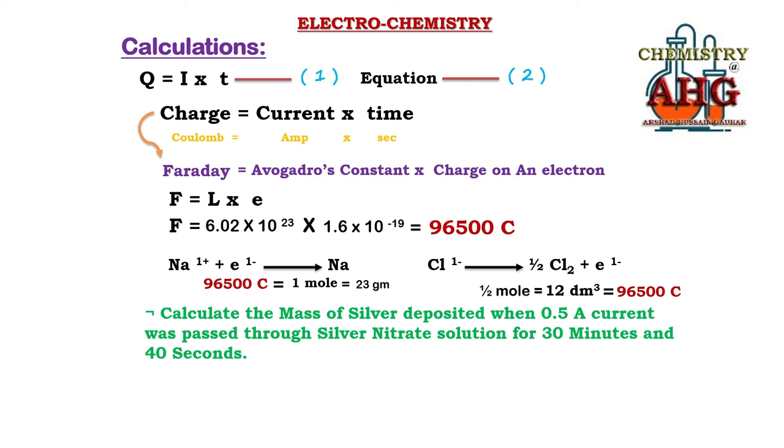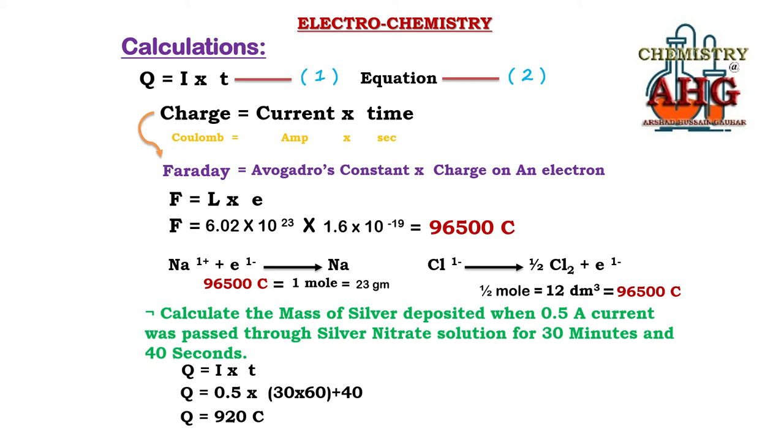So you can write the formula and insert the values. Current is in ampere, but the time that is available in minutes, you must convert into seconds. So you can see 0.5 ampere into 30 into 60 plus 40, just to convert time into seconds. Now use the calculator, you will get the charge that we passed through this solution in this experiment. It is 920 coulombs.